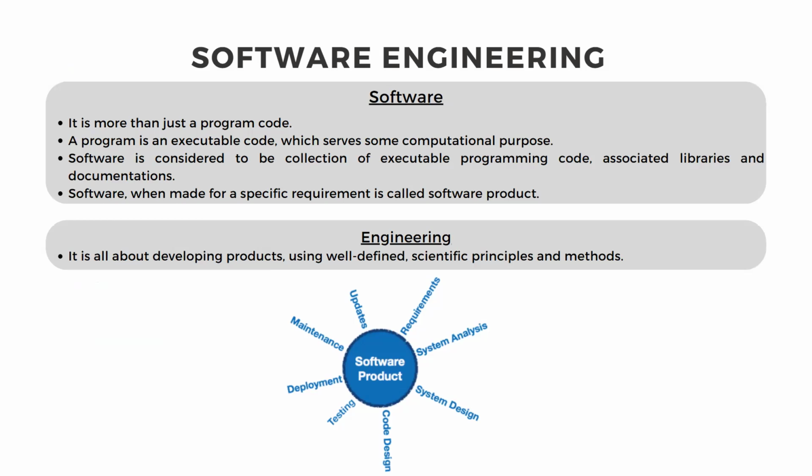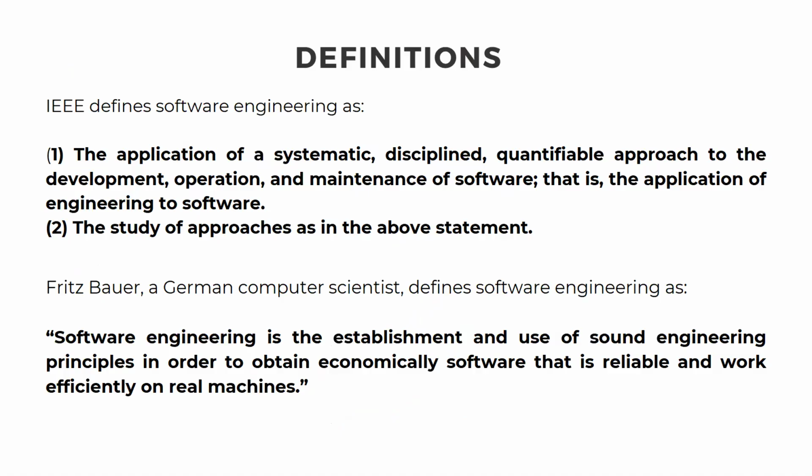So together, this is known as software engineering, where software looks into the programming aspect and engineering looks into the application of scientific principles and methods to design and build these systems. So in our context, it means applying these principles to build software that is reliable, efficient, and maintainable.